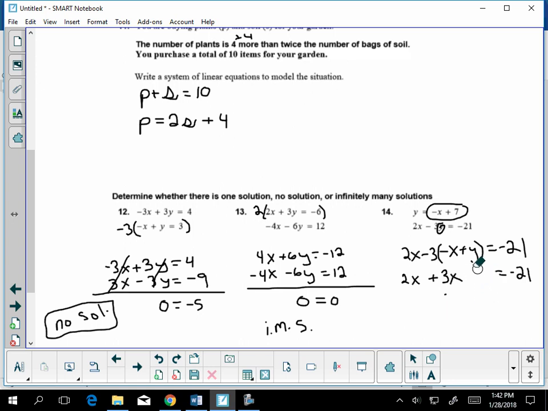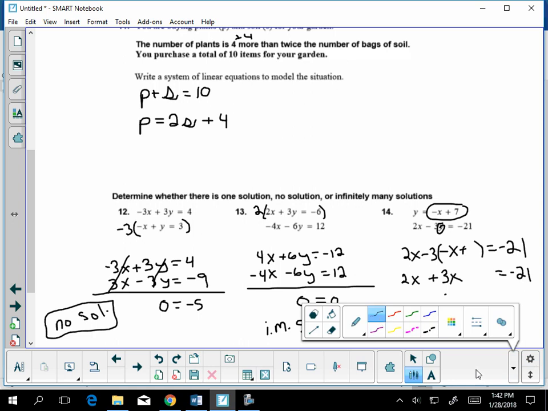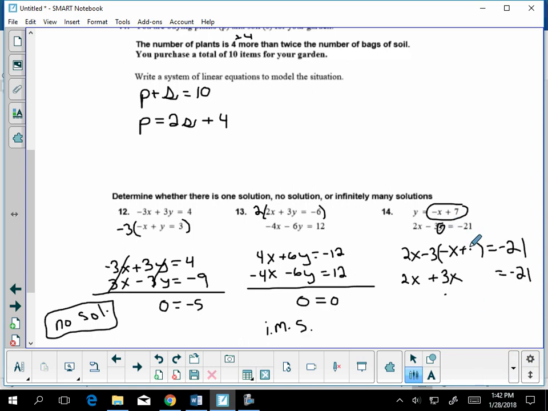I think I got distracted. And I put a y instead of a 7. So that should have been minus 21. All right, that looks a lot better. 5x minus 21 equals negative 21. You solve that, you're going to get x equals 0 and y equals 7. So it's going to be one solution, 0, 7.